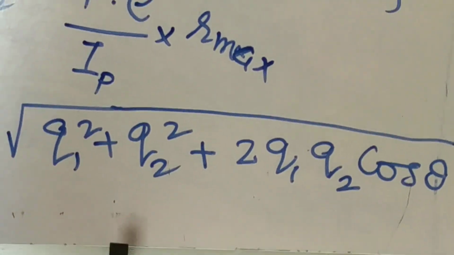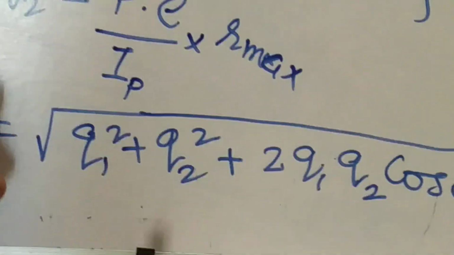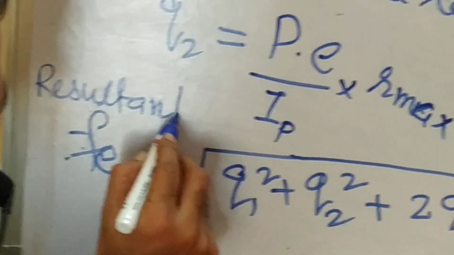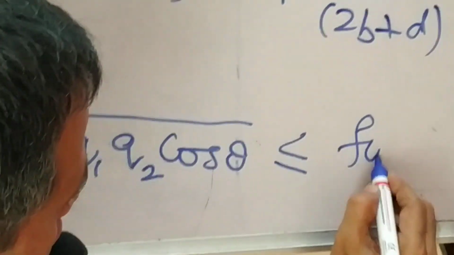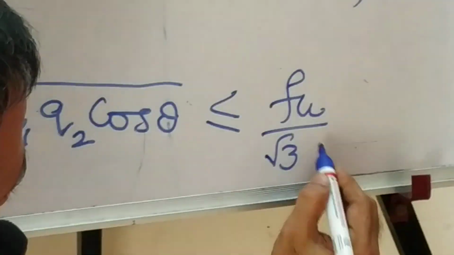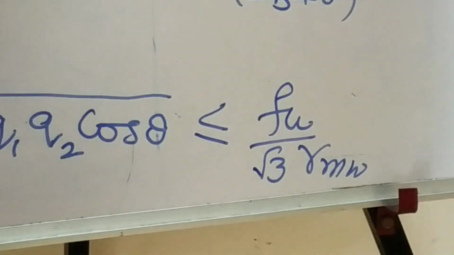This resultant stress must be less than or equal to Fu by root 3 gamma MW.